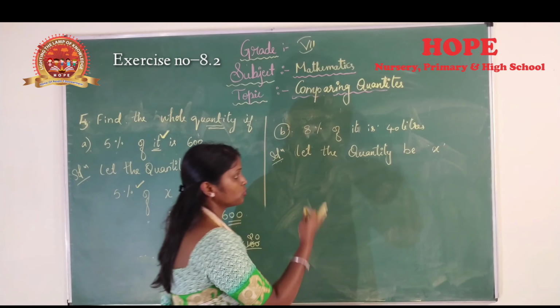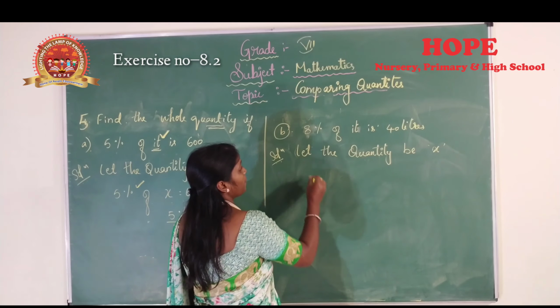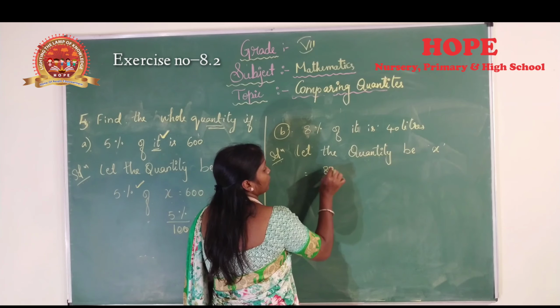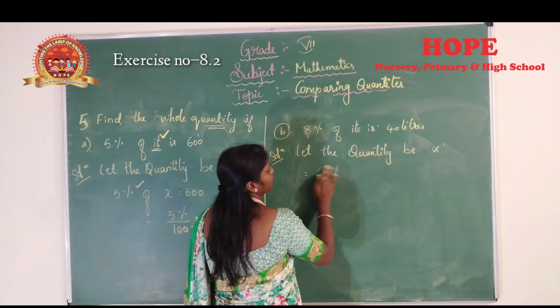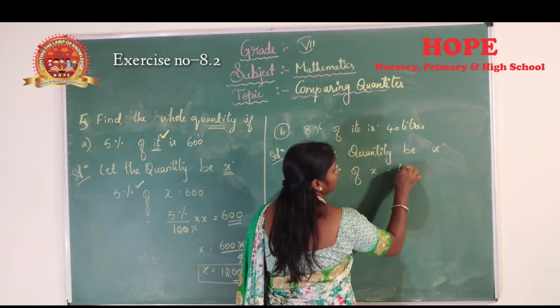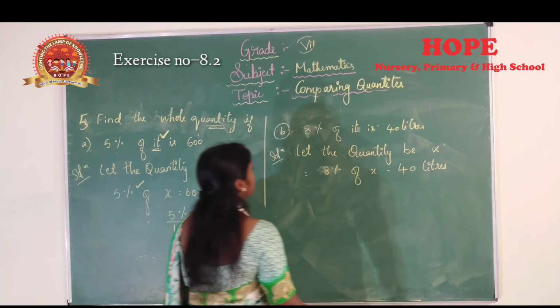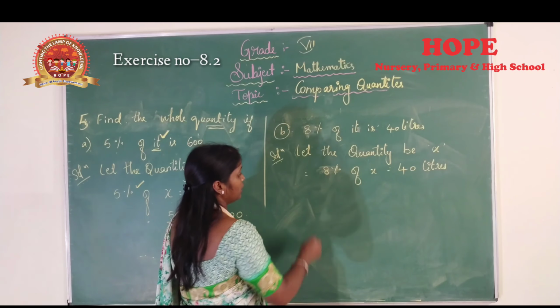We don't know the quantity, so we are considering it as x. Let the quantity be x, whereas 8% of x is equal to 40 liters.